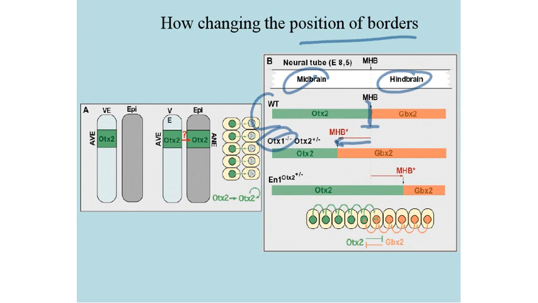That is, more of the cortex would be dedicated to the hindbrain. However, if you change the expression and use this OTX2 heterozygote EN1, then you see that it goes in the opposite direction.